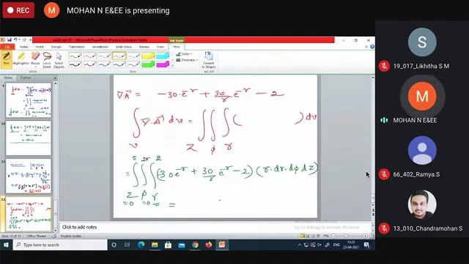So if you substitute the limits and integrate it by parts, you'll be getting it as 129.437. So this is the right side of the theorem. So both are verified. Both are verified. Okay. So this is on the divergence theorem.